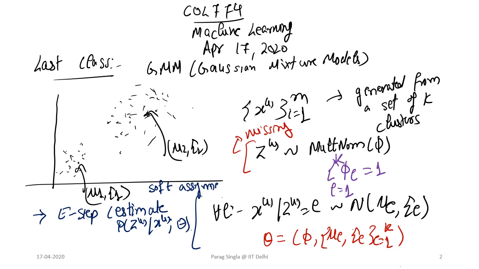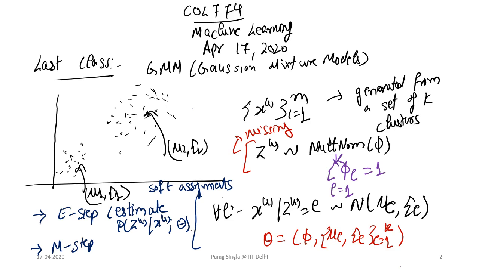So we will not get a hard assignment of any point to a given cluster, but we will only get probabilities which will tell us the proportion that belongs to a given cluster, right? And all these p of zi's will add up to 1. And in the second step, the E step would be estimating these zi's given the current set of parameters, right? And the M step would then improve over these thetas, right, given the zi's.